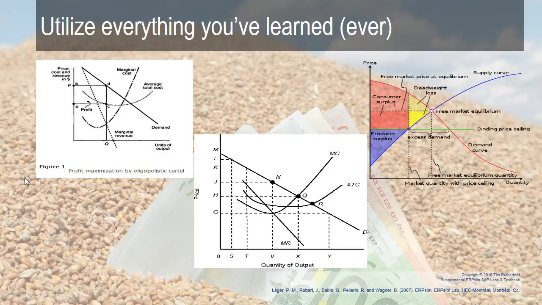Mention this in another video. Utilize everything you've learned ever. So if you recognize these from an econ class where you have the perfect price to match the quantity of demand on the demand curve, if this makes sense to you, you should invest your time in calculating that.